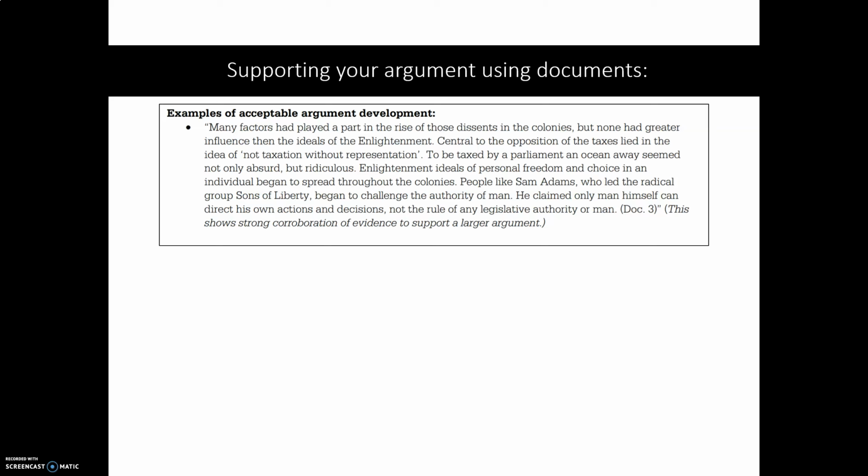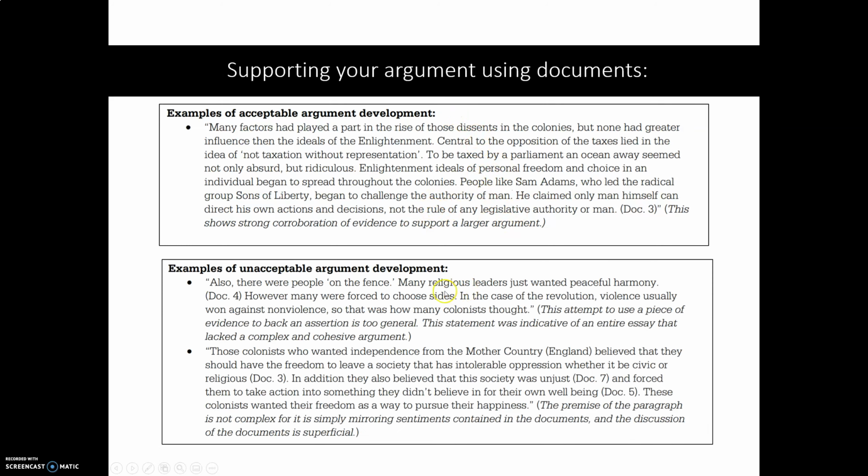People like Sam Adams, who led the radical group Sons of Liberty, began to challenge the authority of man. He claimed only man himself can direct his own actions and decisions, not the rule of any legislative authority or man. Notice he's given us our parenthetical documentation. This shows strong corroboration of evidence to support a larger argument. Great stuff, right? This is gold. You want to do this.